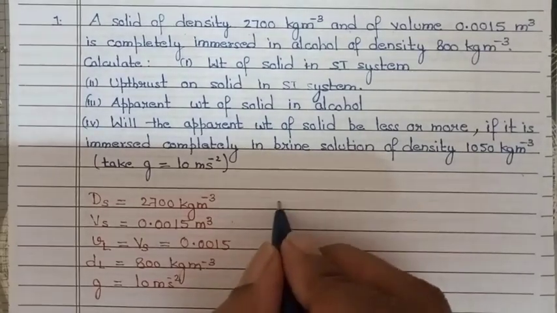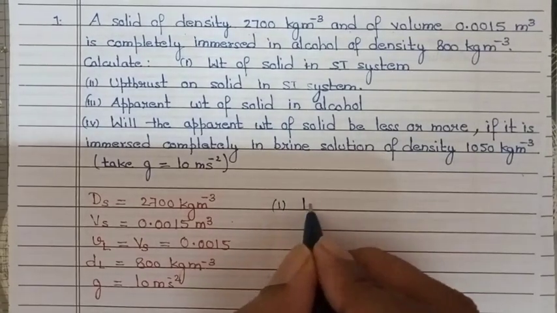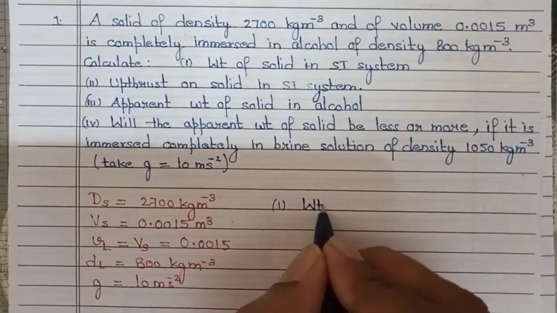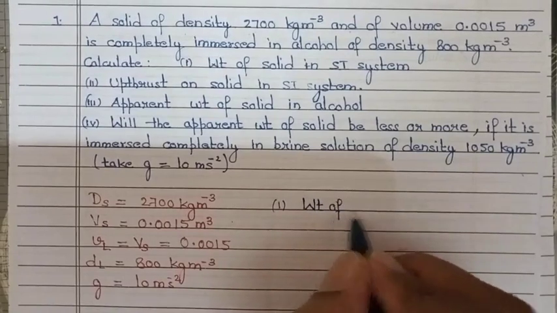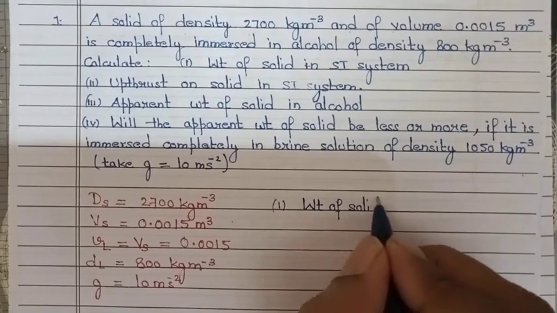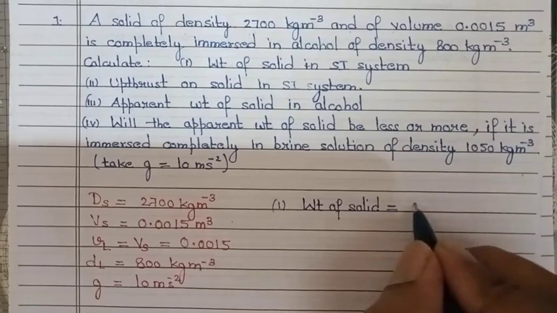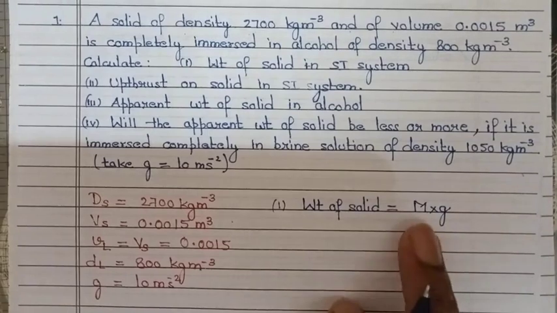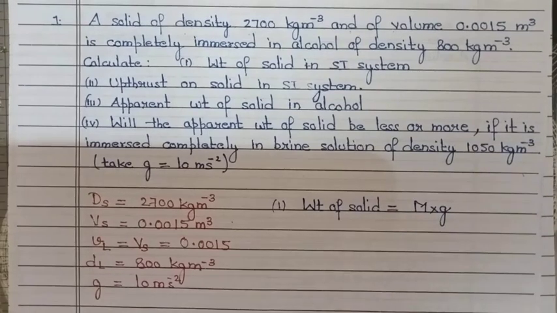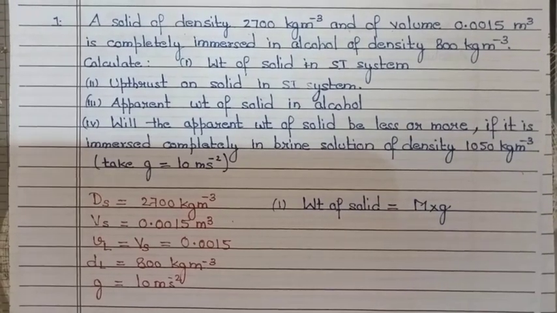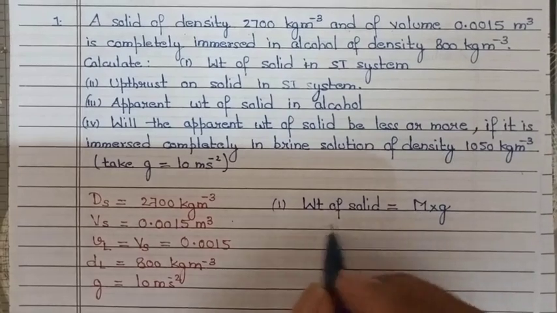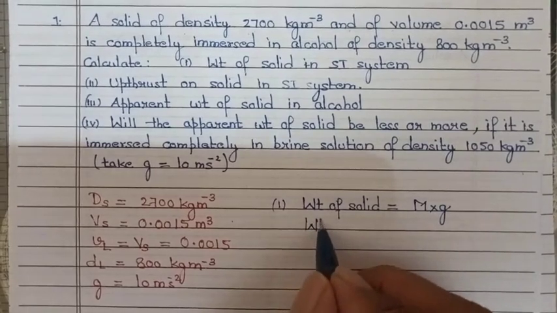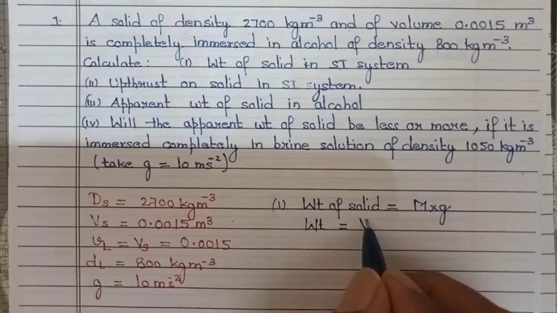Okay, now remember, whenever we have to calculate weight of a body, we are going to use the formula mass into gravity. Now in case mass of the body is not known to us, then what we will do, we will replace this mass by volume of the solid into density of the solid.